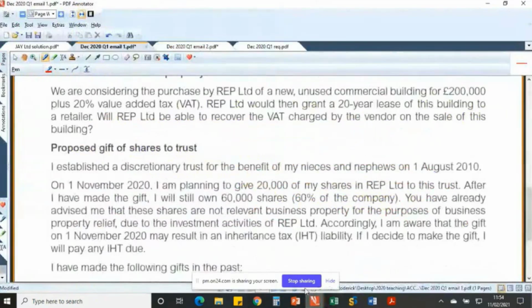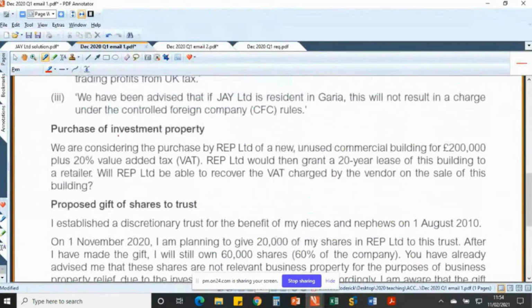So this is purchase of investment properties. This was worth 5 marks. We're considering the purchase by REP Limited of a new unused commercial building for £200,000 plus 20% value added tax. REP would then grant a 20-year lease of this building to a retailer. Will REP be able to recover the VAT charged by the vendor on the sale of this building?